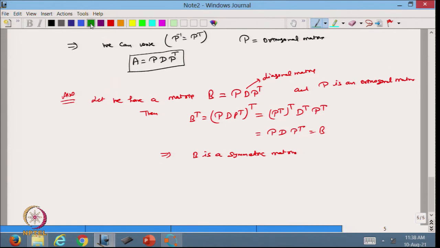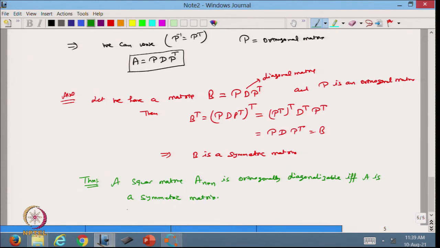So, now from here I can write one important observation or a theorem, that a square matrix A is orthogonally diagonalizable if and only if A is a symmetric matrix.